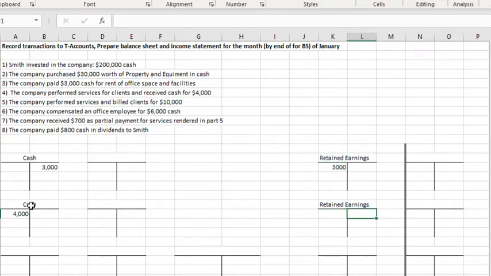Any revenue is going to increase retained earnings. So in this case, we are going to increase retained earnings by $4,000. So this is what you record when you deliver the services or products and receive cash in exchange.